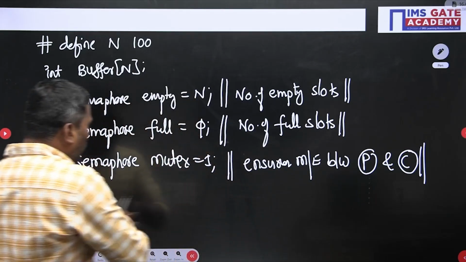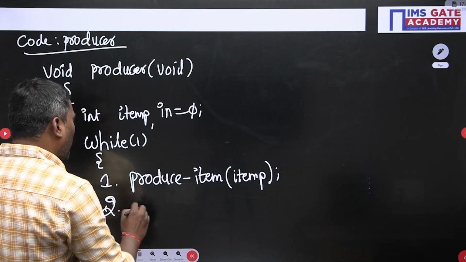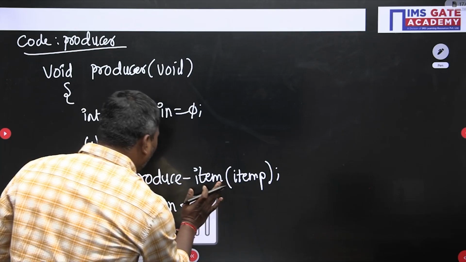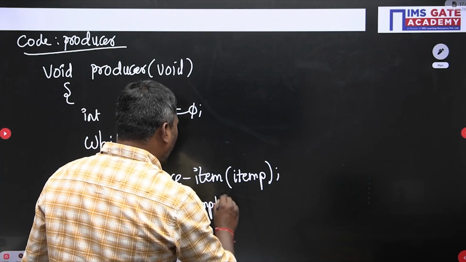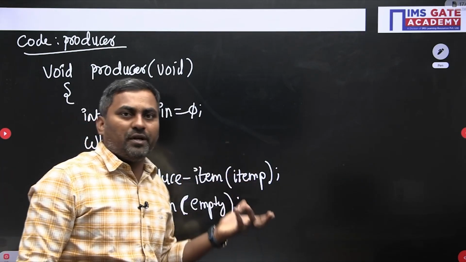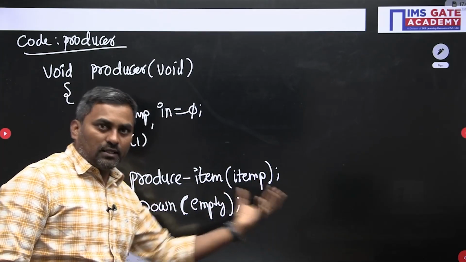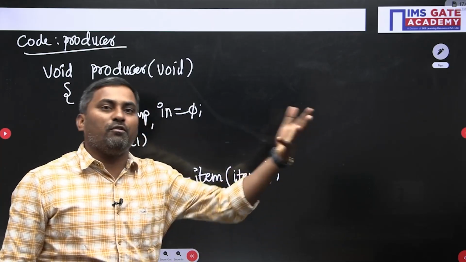So for this, how to write the operation now? I am going to do down, through semaphore operations only, right? So down on empty I will perform. So what happens? Understand now. Suppose I am trying to produce n number of items, I fill the buffer, assumption.